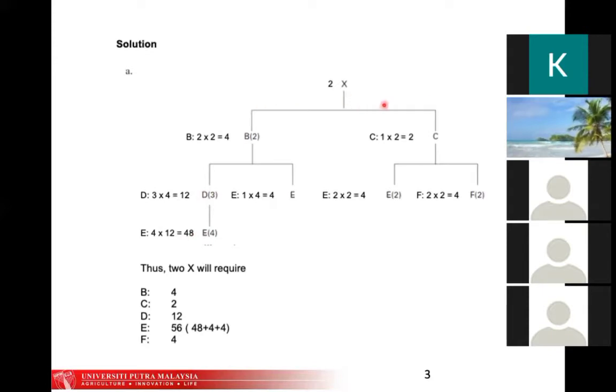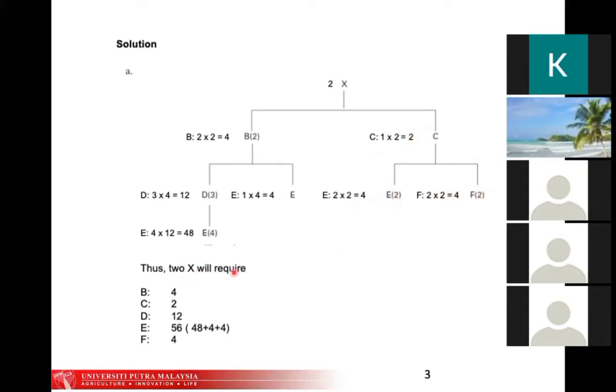And 2X requires 1C. 1C times 2, where 2 is from 2X, equals 2. And 1C requires 2E. 2E times 2, where 2 is from C, equals 4. And for F, 1C requires 2F. 2F times 2, where 2 is from 2C, equals 4.